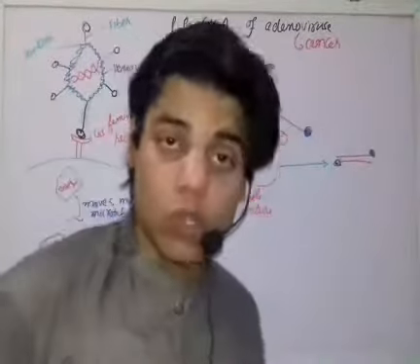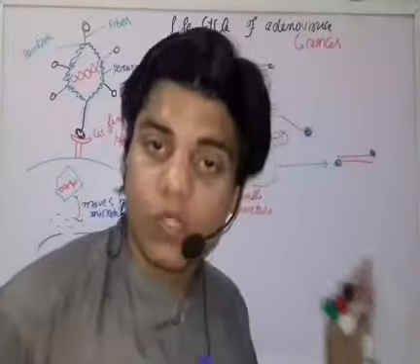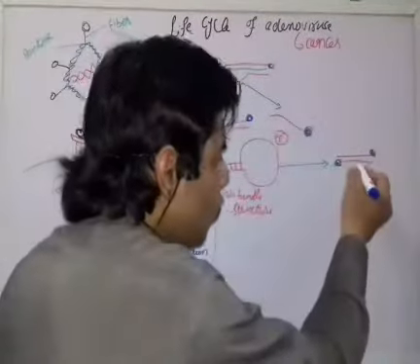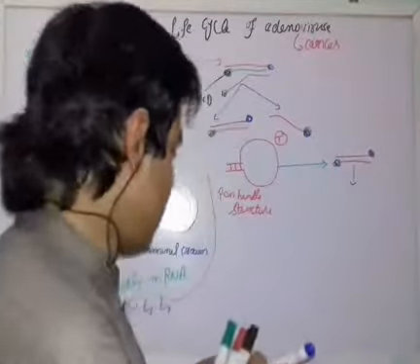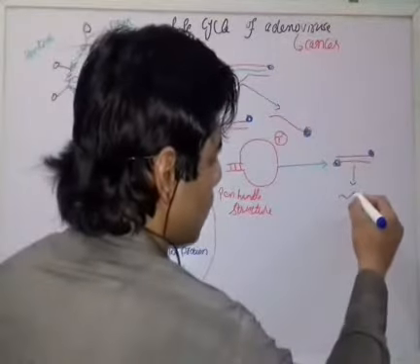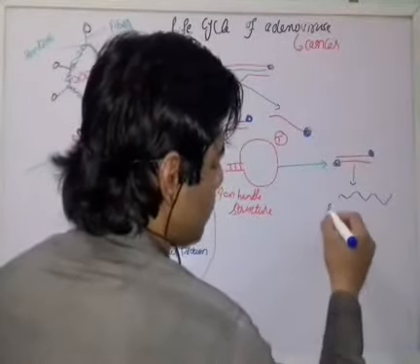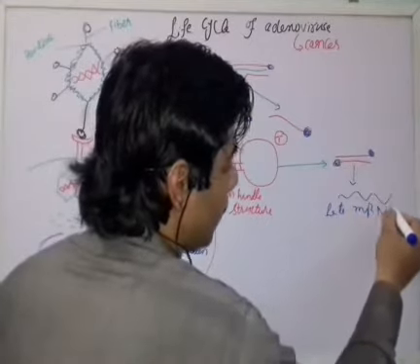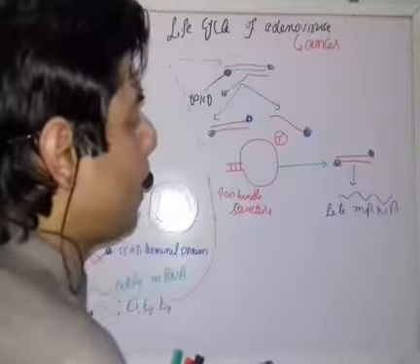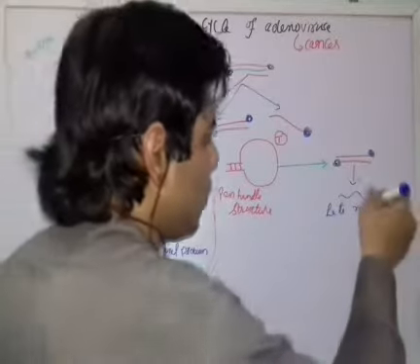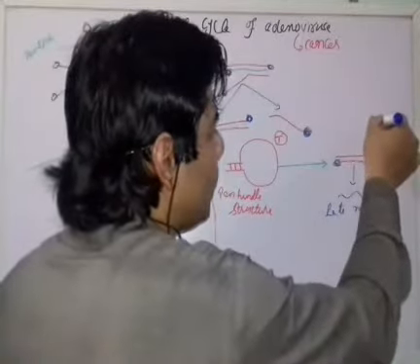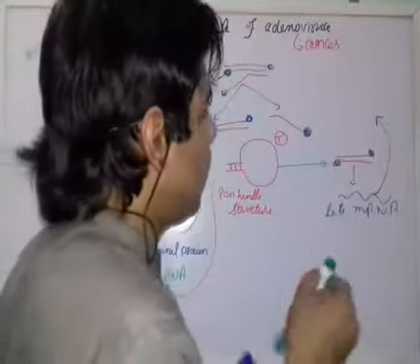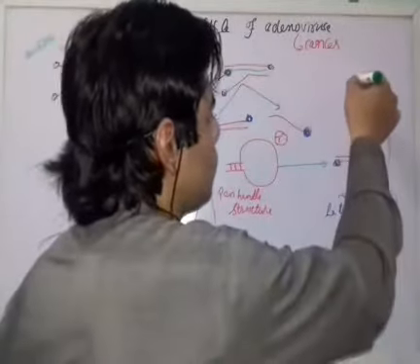Now from this actual genome, once these actual genomes are formed, then what we get? We get late mRNA. This blue one represents late mRNA, and from late mRNA what we get? We get the structural proteins.